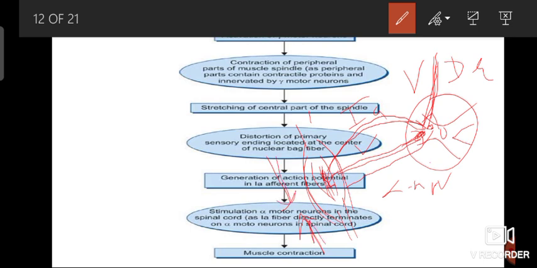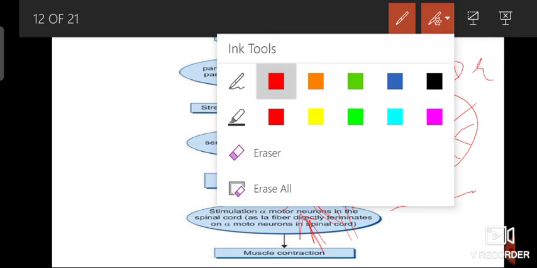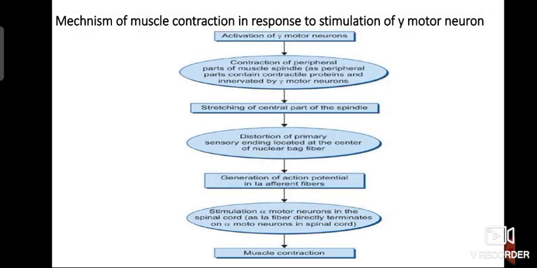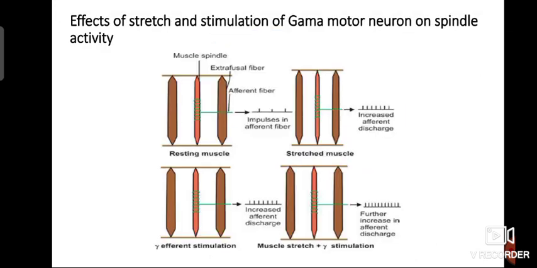Whenever the muscle contracts, 1A fiber is stimulated and directly stimulates alpha motor neuron, and contraction will occur. So this is by 1A fiber to alpha motor neuron, the direct pathway. Activation of gamma motor neuron, then 1A fiber, then alpha motor neuron is the indirect pathway of muscle contraction.